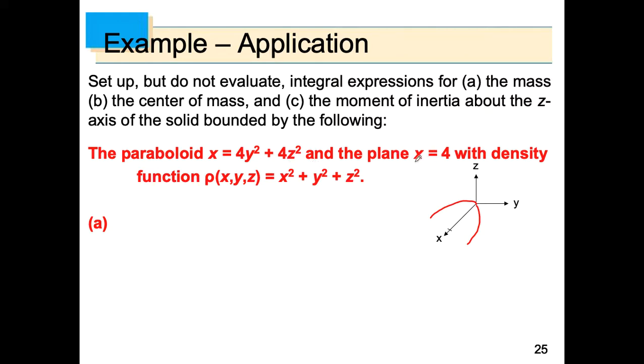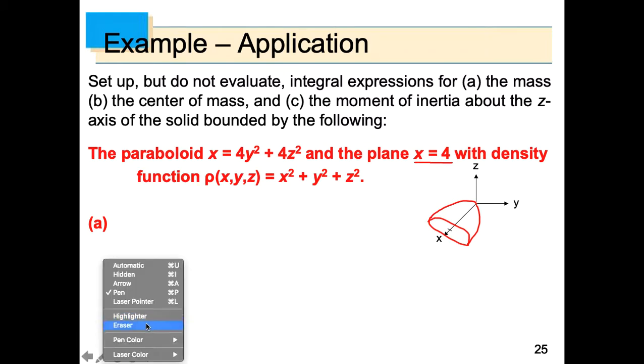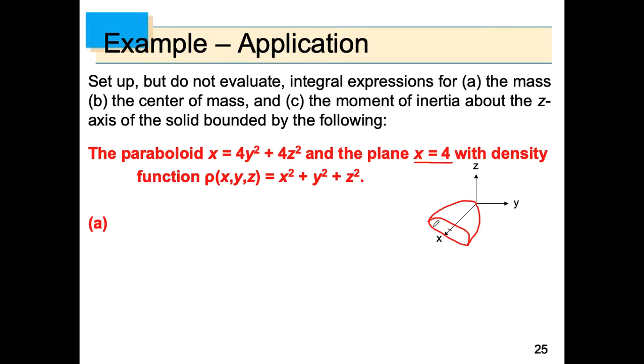It is capped off by the plane x equals 4. If you take x equals 4 and set it equal to this paraboloid, x equals 4y squared plus 4z squared, it's going to intersect at this disk here. It's going to cap it off. Sorry, that's supposed to be a perfect circle, but I think you get the idea. Just like the other problem, it's intersecting at a disk here, and that's going to be very important momentarily.